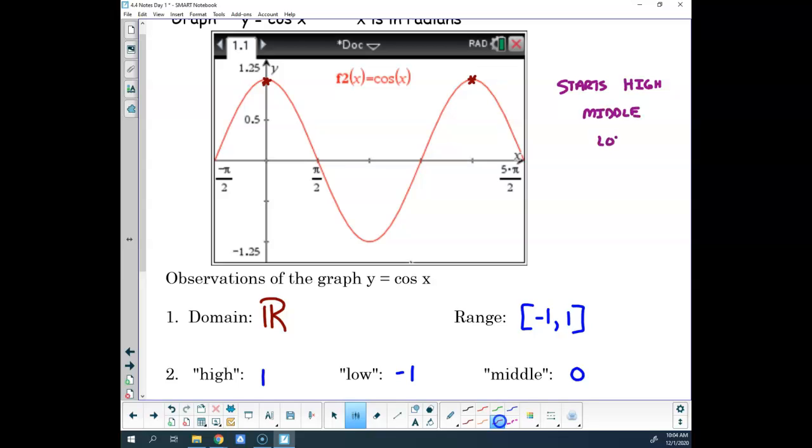Then it goes to the low point, back to the middle, and it ends at the high point. So sine starts in the middle, high, middle, low, middle. Cosine, high, middle, low, middle, high.